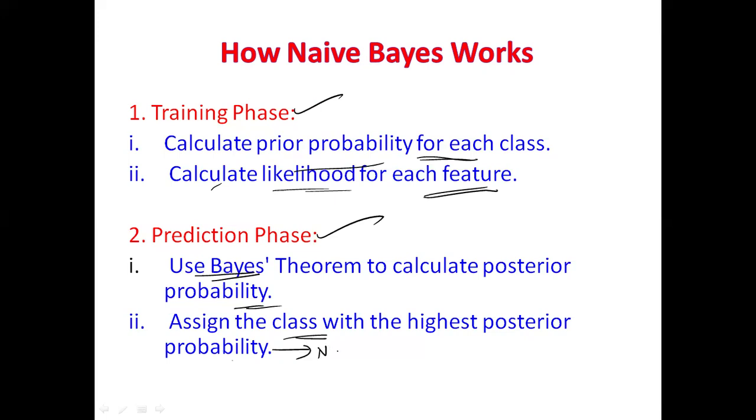This simple and efficient process allows naive Bayes to perform classification tasks quickly and accurately.